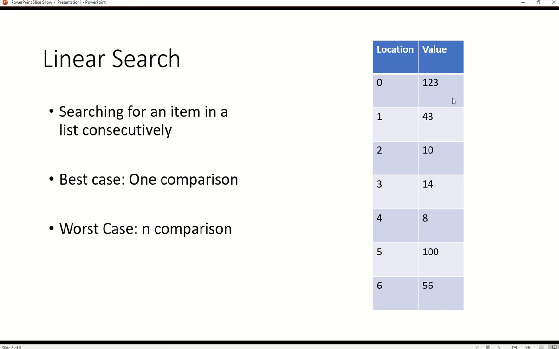But the worst case is if it was 56 and it would have to go through all of it till it gets to 56. Or if it didn't exist in the list, let's say I wanted to look for the number 1, it will go through and not find 1 at all, and it will reach the end. It will be like, well, I couldn't find 1.